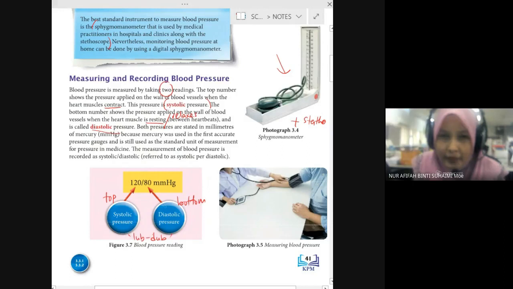So, why top, why bottom? Why not left and right? Here the reading is 120 over 80.